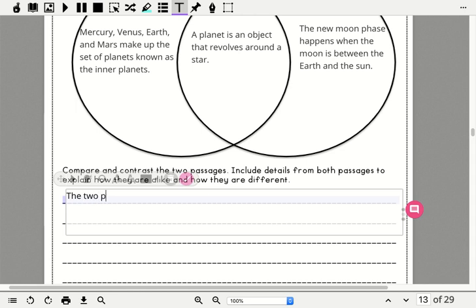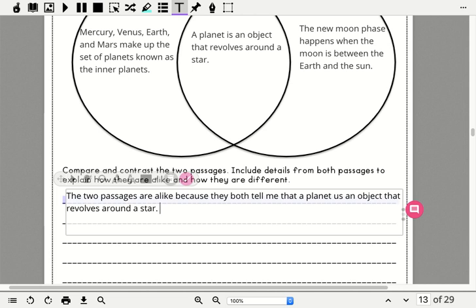So the two passages are alike because they both tell me that a planet is an object that revolves around the sun, around a star. Okay, it just so happens that in our solar system, the sun is the star.